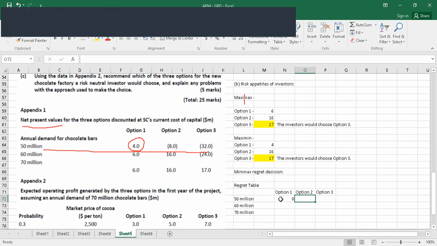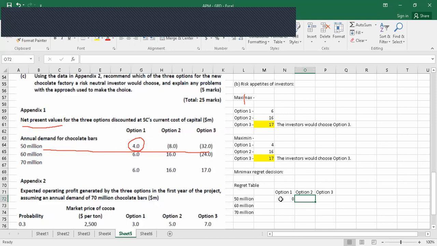But let's say if they go with option 2, build that, there is a negative NPV of -8, then third one has -32. So which one will be best in situation of 50 million? Option 1 is best. So if they have already taken a decision for option 1 and the demand is 50 million, option 1 will leave them with no regret.